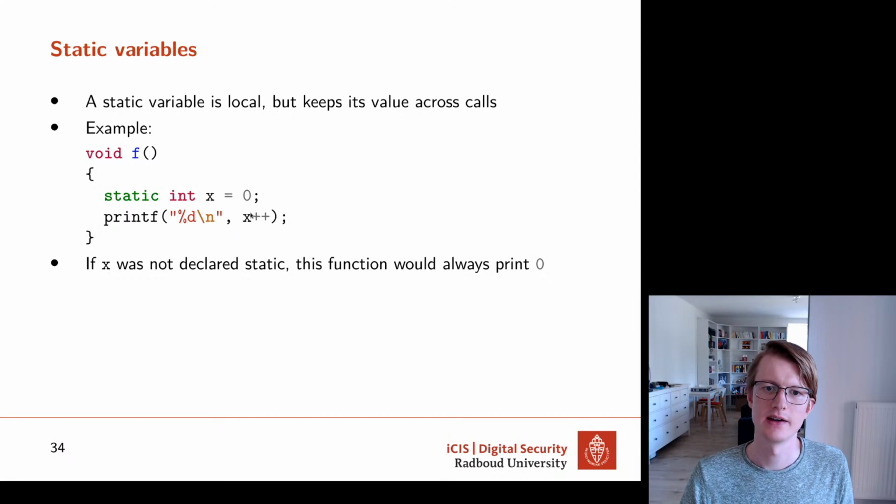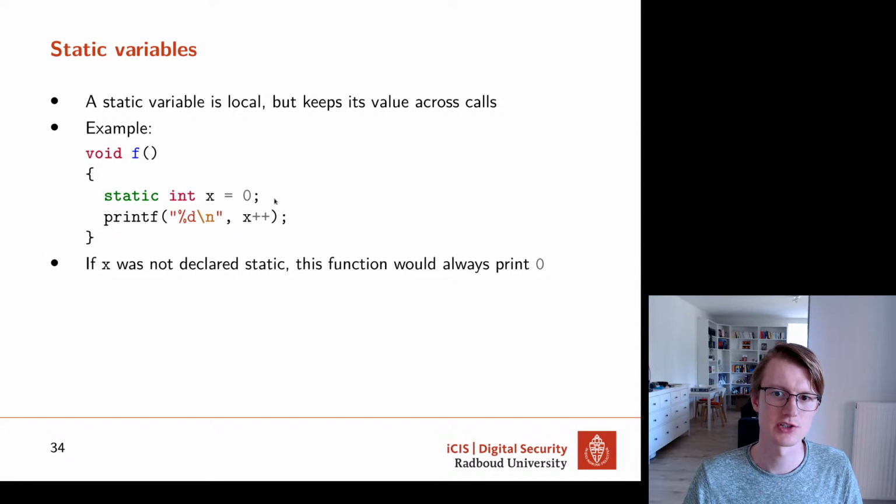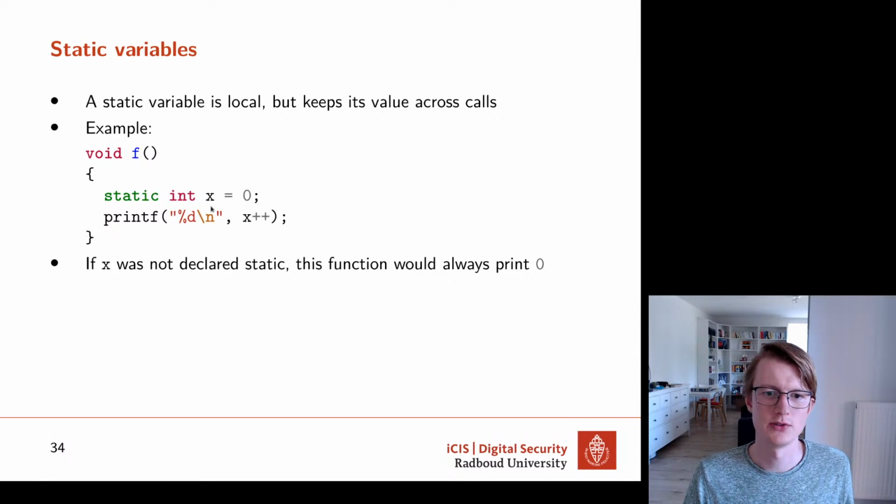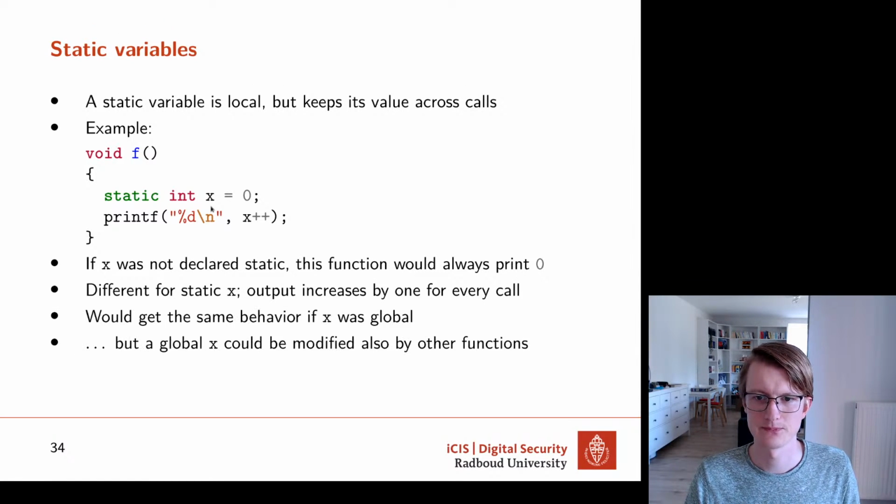If it was not declared static, then you would do int x equals 0 each time you call f, and then increase it afterwards, so this will print 0 every time. But because it's static, it will print 0, 1, 2, 3, etc.